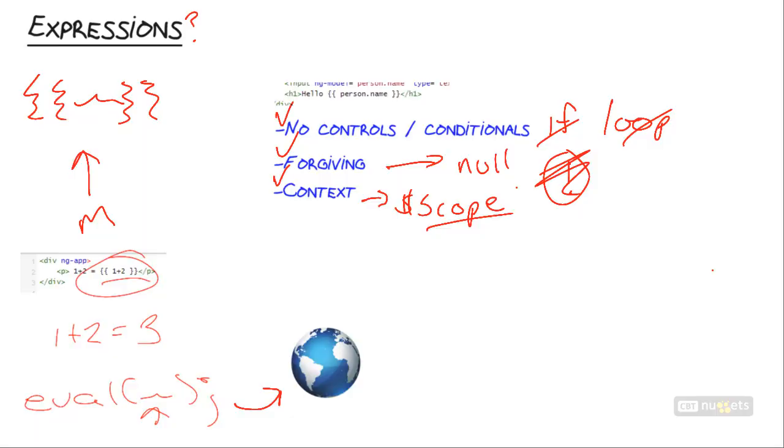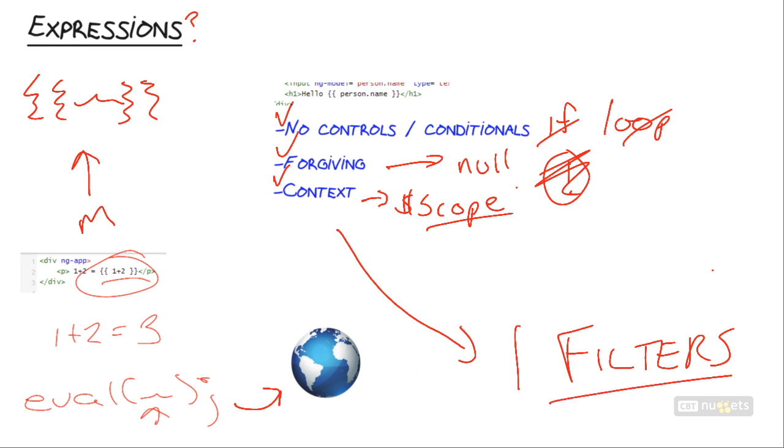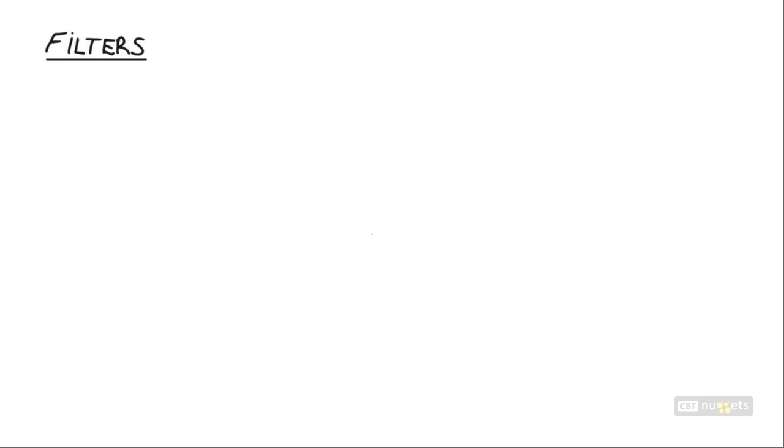The last big difference between Angular expressions and JavaScript expressions is that Angular expressions have access to filters, and that's what we're going to talk about next. Filters give us the ability to control, format, and yes, filter the data that we are displaying with our Angular expressions. Filters in AngularJS are probably best thought of as functions that can be applied directly to your expressions inside of the expression statement itself.